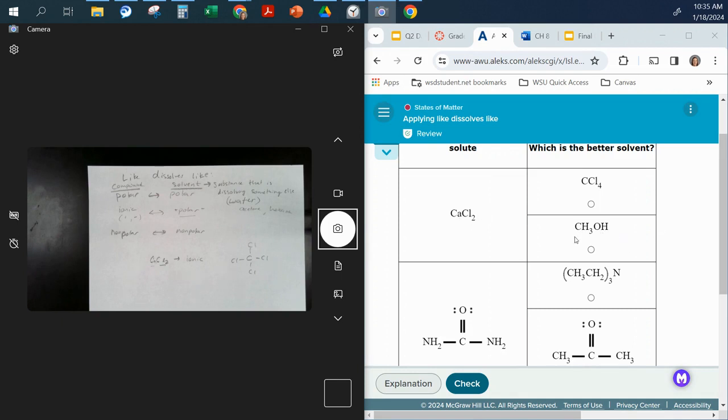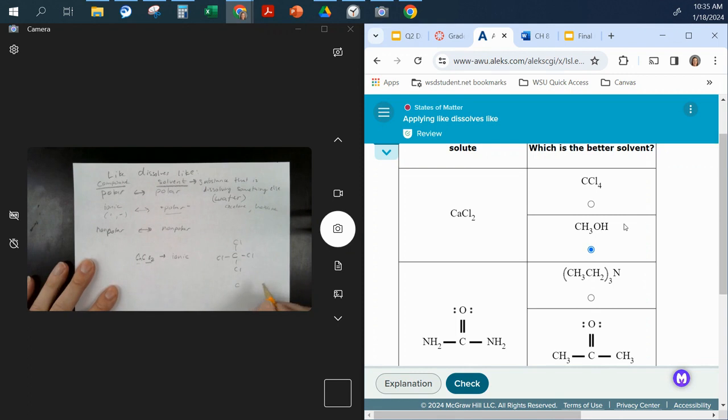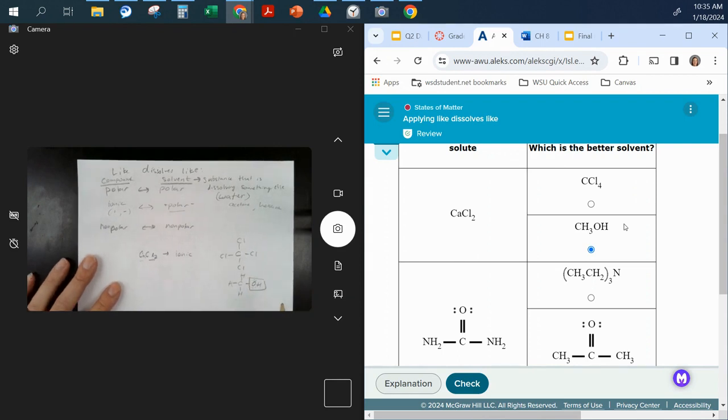Well, we have this molecule, methanol. This is going to be like this. We have carbon, 3 hydrogens, and an OH group. Okay. OH groups are going to be kind of key for this topic. If you can see an OH group, that's probably going to be polar. It will be polar.